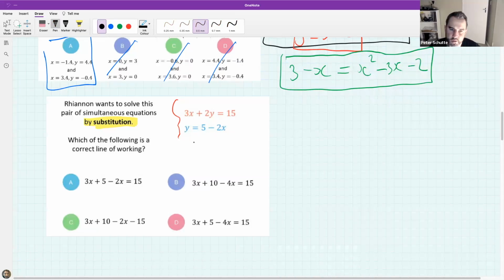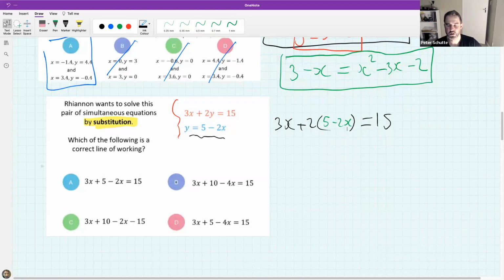So I was thinking this is the easy one, and I could sub it into the harder one here. So I'm going to leave a space, and then I'm going to put 5 minus 2x. But now this doesn't match any of them. So what do I need to do? What would I normally do if I was solving this?